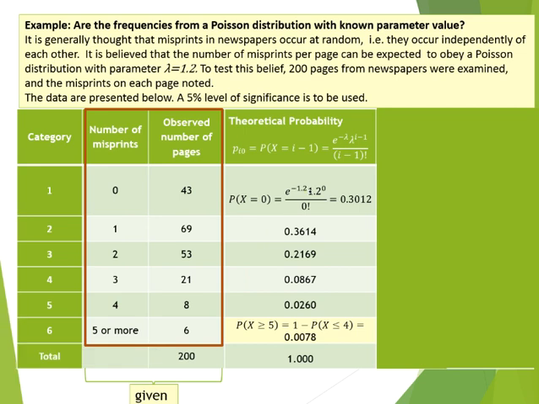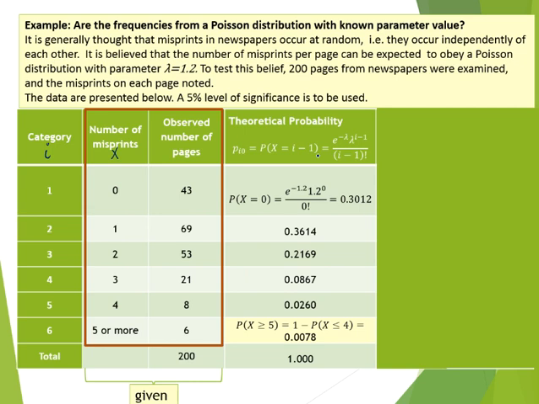is e to the minus lambda, lambda to the x over x factorial. But x, in terms of the categories, this is your x, and these are your categories. So you can see that if you work with category i, you actually want the probability that x is equal to i minus 1.